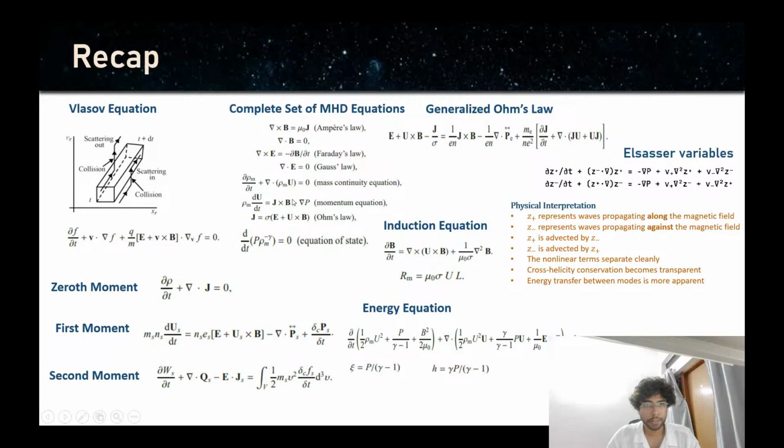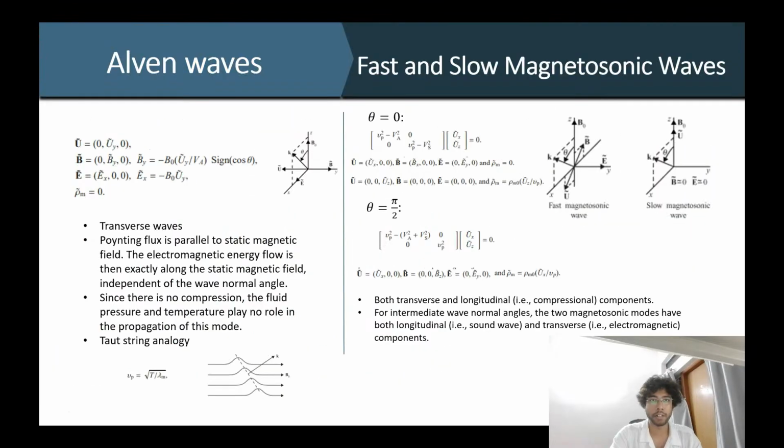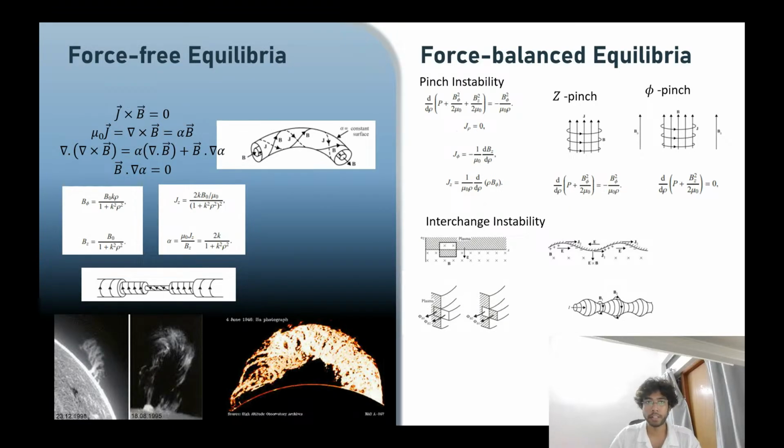The equation reduces down to J cross B equals zero. That is basically what force free means: a strongly magnetized system where J cross B goes down to zero. Now we are going to see the consequences of this force-free condition.